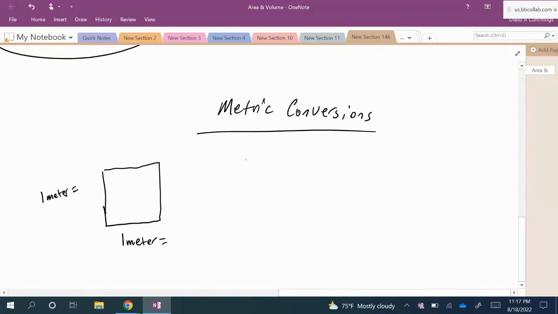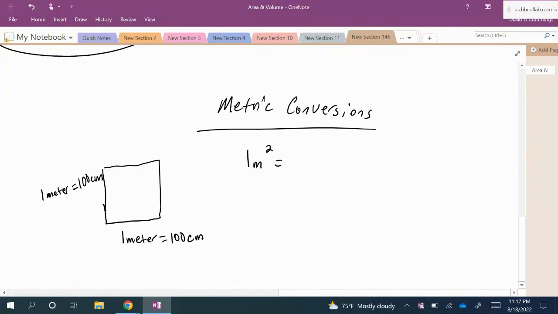All right, so 1 times 1 is 1, so we have 1 meter square. And we know that 1 meter is equal to 100 centimeters. So 100 times 100 is 10,000. So we have a conversion. So 1 square meter is equal to 10,000 square centimeters.